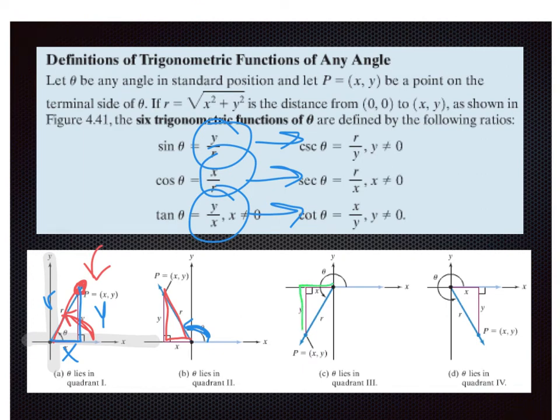These would obviously both be negative, but the radius is always positive. So the hypotenuse of your triangle is always positive. The x and the y are going to change, which means my adjacent and my opposite are going to change sign, positive or negative. But the r is always positive, okay?